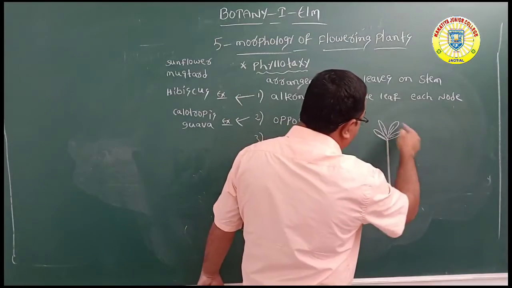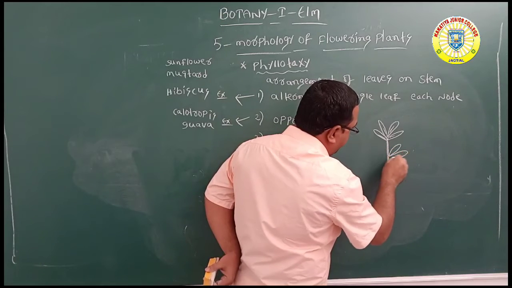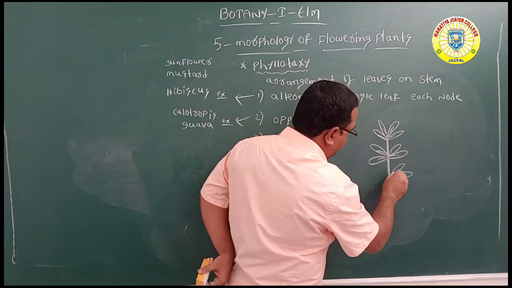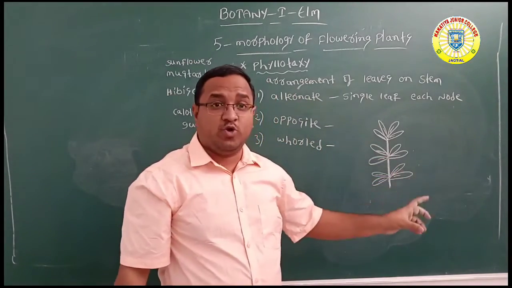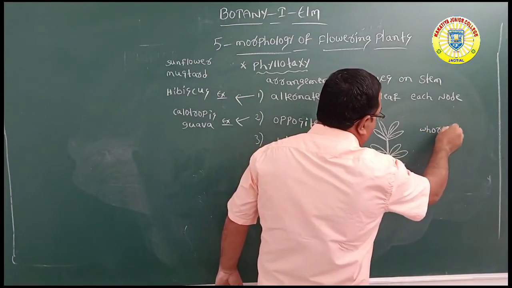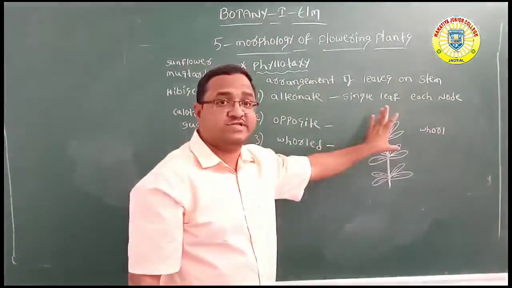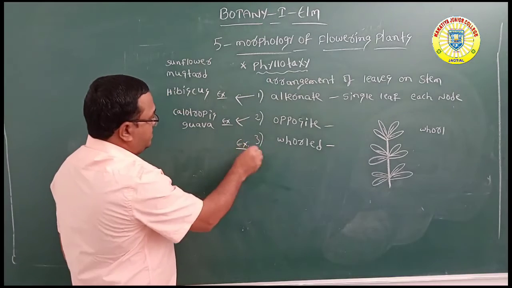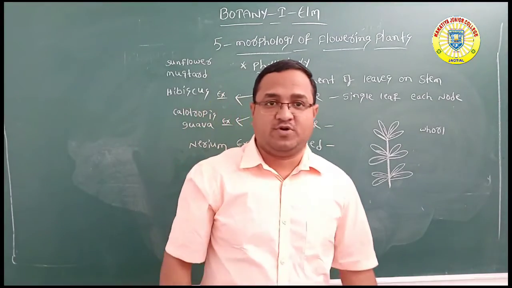More than two leaves at each node forming a whorl is called whorled phyllotaxy. Best example: Nerium.